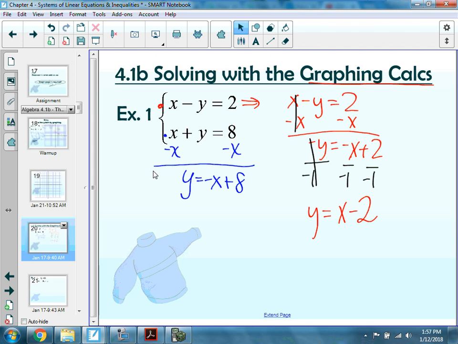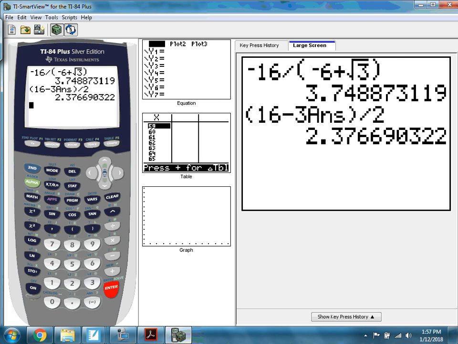And then I'm going to open up my graphing calculator. There are a few things we want to make sure of before we enter these in our calculator.